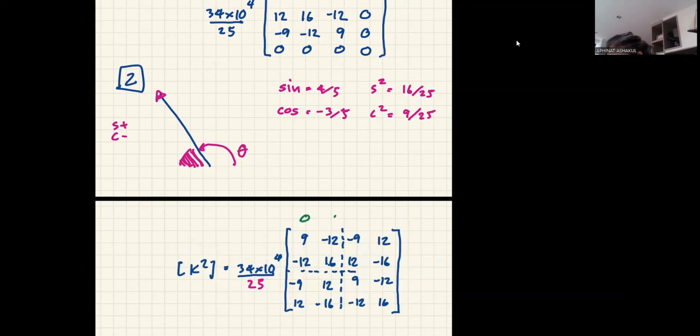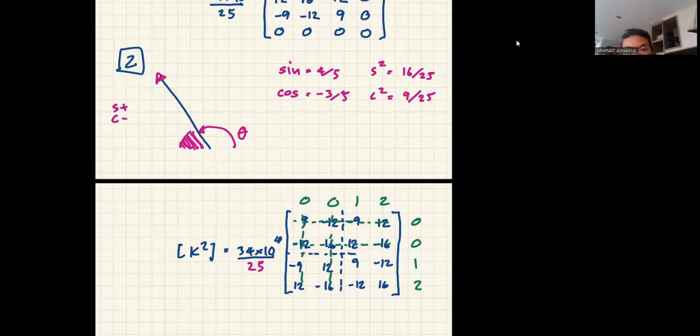So you can eliminate anything that has 0 on it. So the contribution to the global stiffness matrix of the entire system is just this quadrant. You can see that now, right?